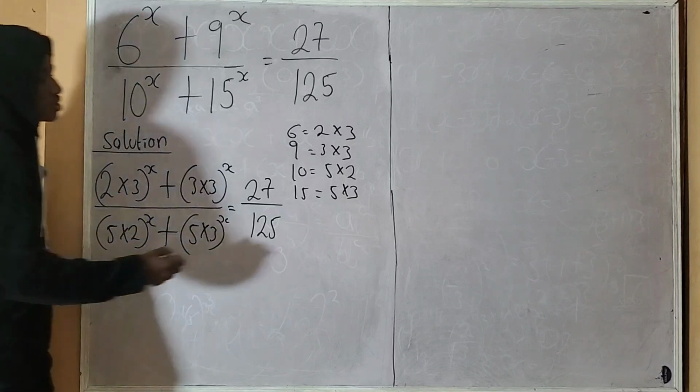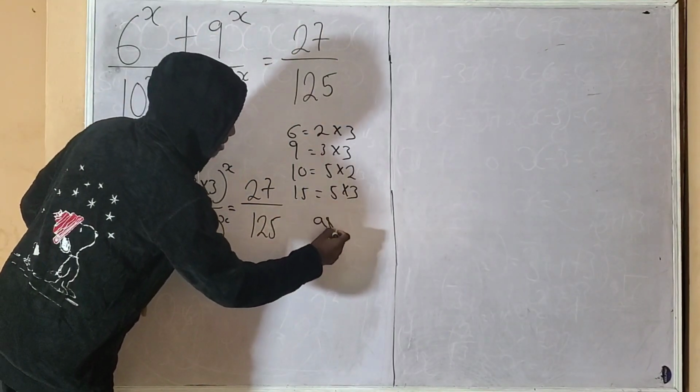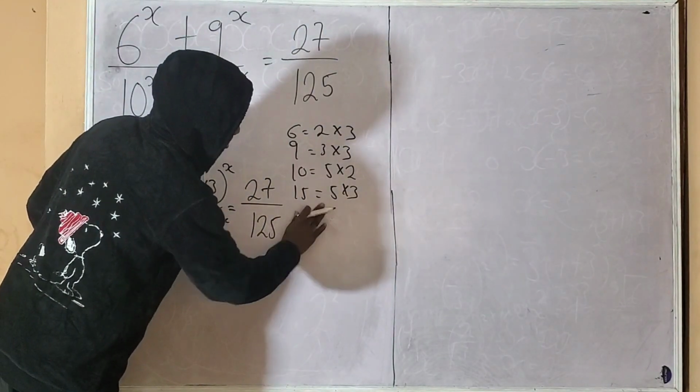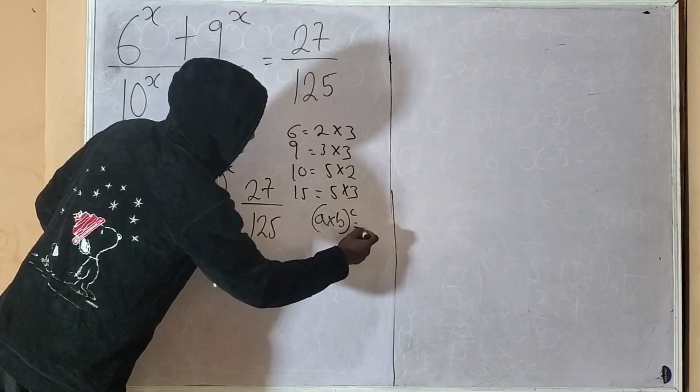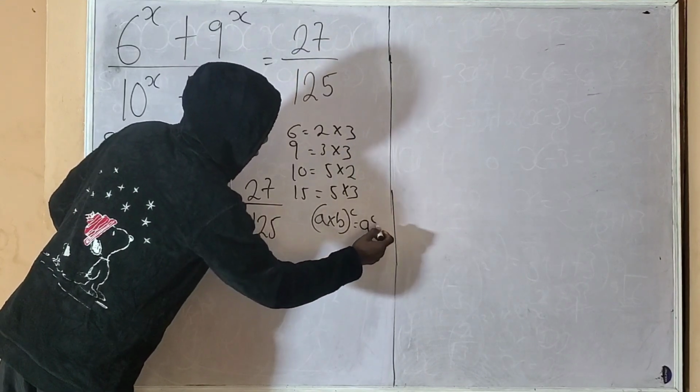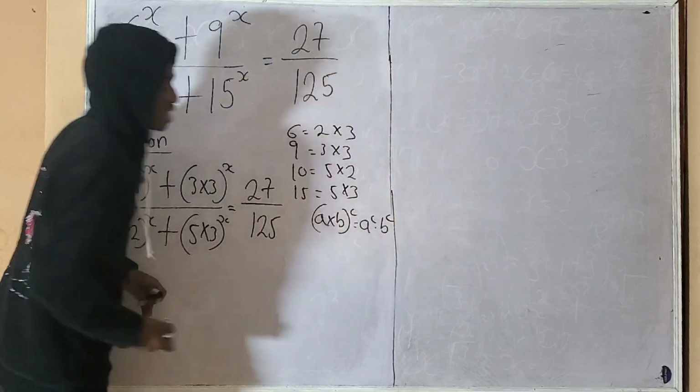Okay? Now, do not forget that if you have a times b raised to the power of c, this can be written as a raised to the power of c multiplied by b raised to the power of c, right?